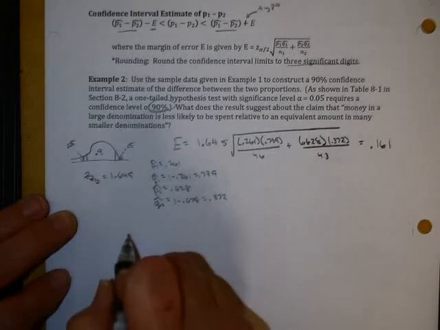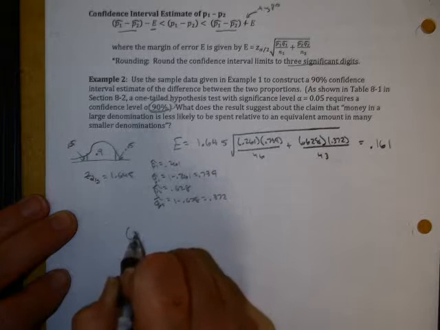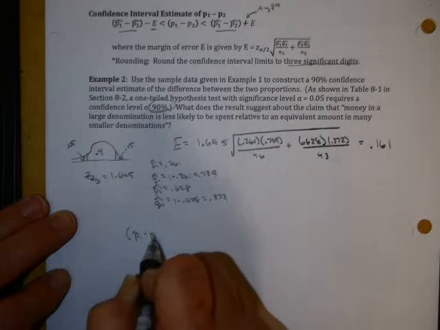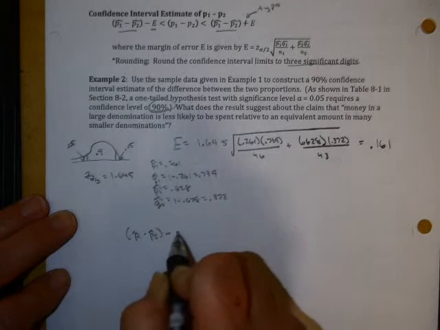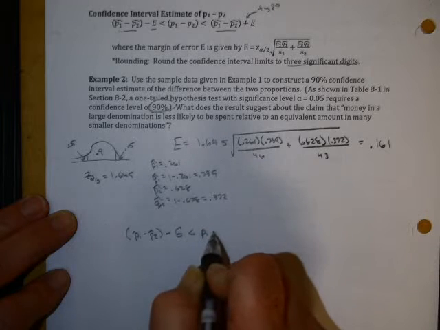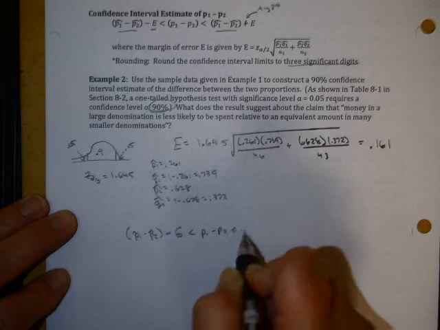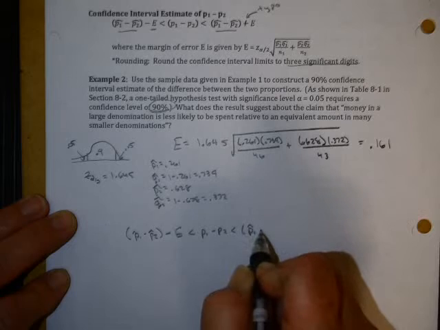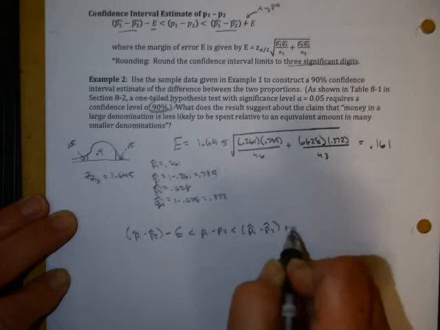To create a confidence interval, we want to subtract p1 hat minus p2 hat minus our margin of error. And then on the other side, do p1 hat minus p2 hat plus our margin of error.